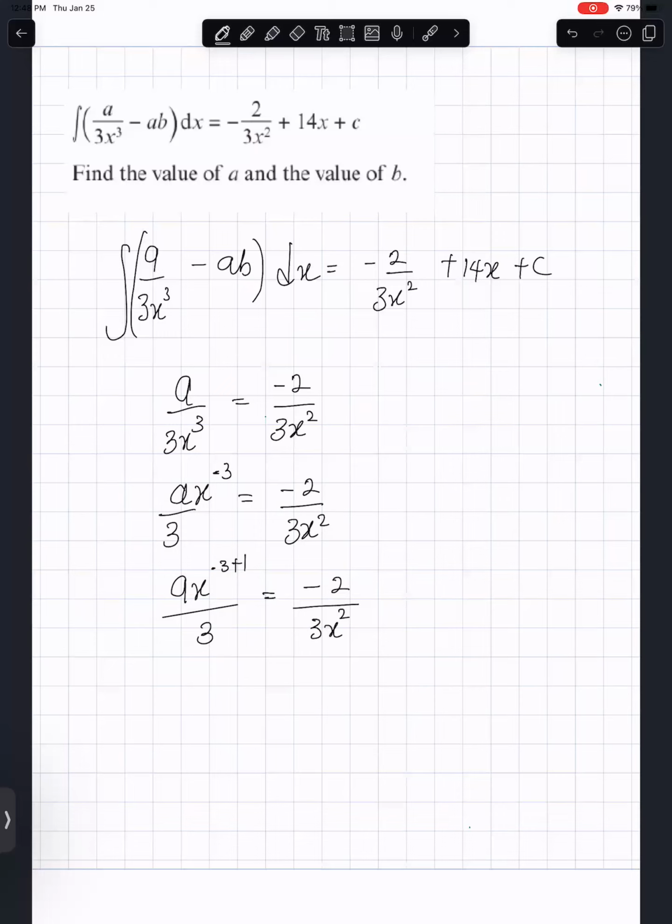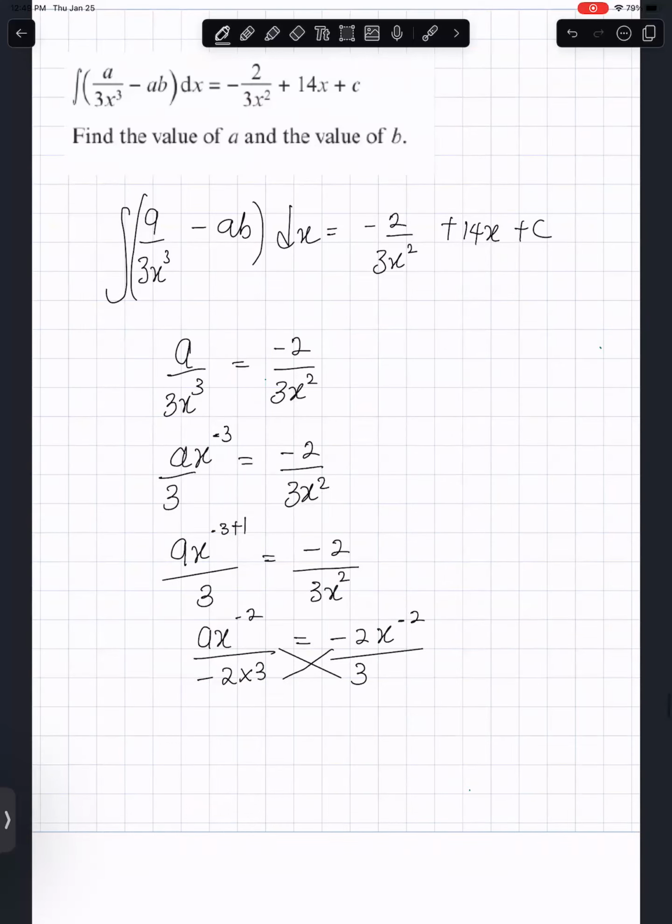Okay, so I will have ax to the minus 2 over minus 2 times 3 equals minus 2 over 3x squared. From this I can cross multiply the equation.